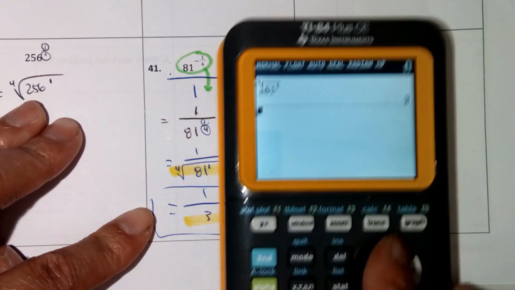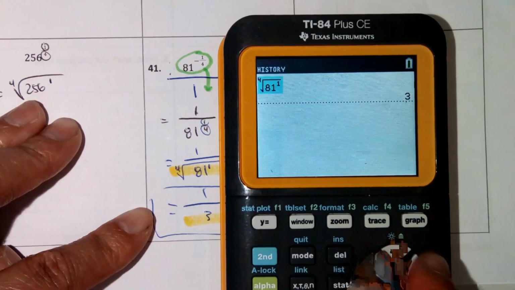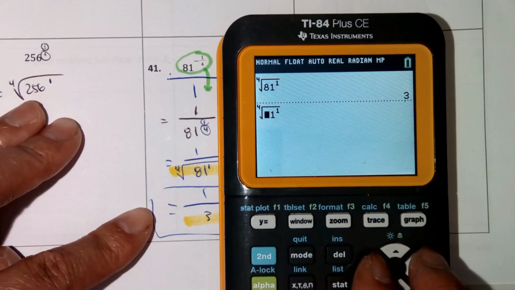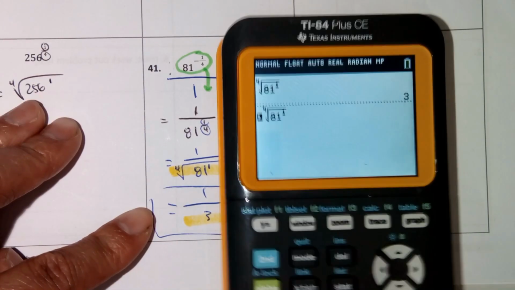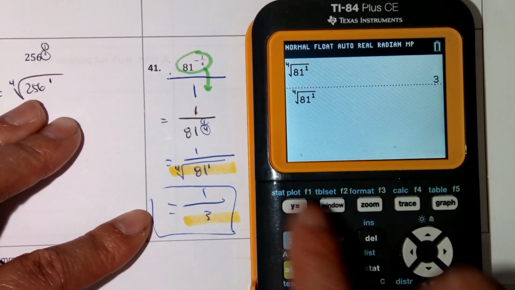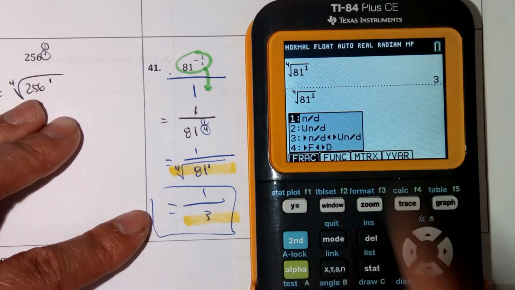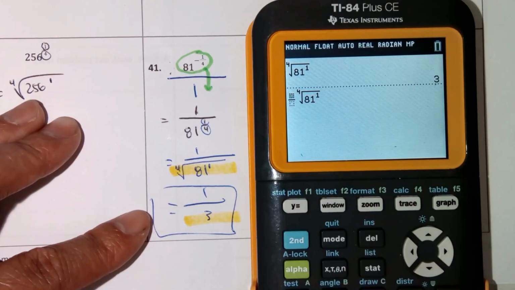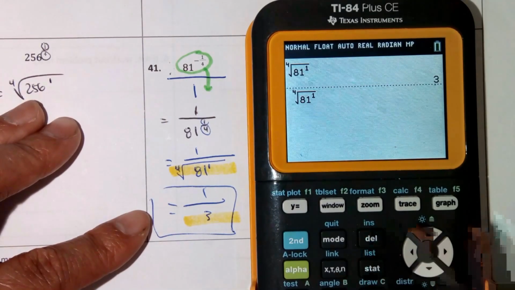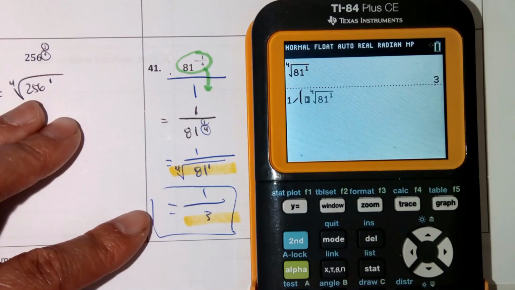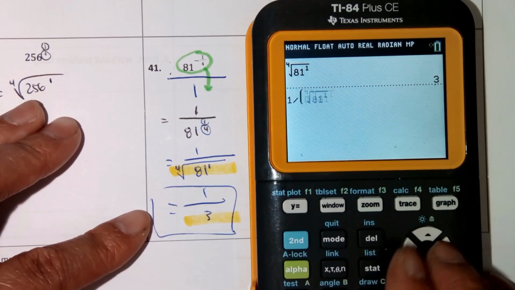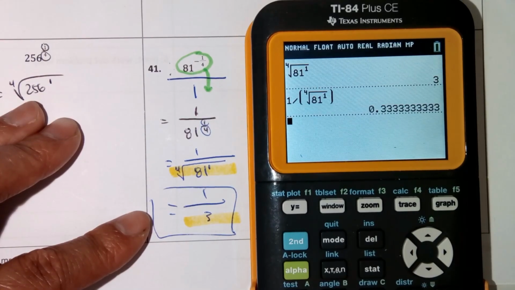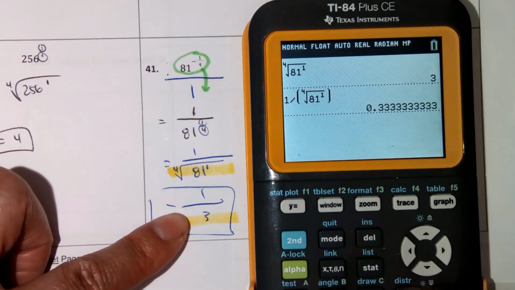Okay, box your answers. In your calculator, you can go back and highlight and press enter, and then actually come back down here and paste it. And I learned a trick: Alpha Y equals. What it's going to do is bring up a fraction. Or you can just put 1 over that expression that we just got, and you get the answer of 0.33, which is 1/3.